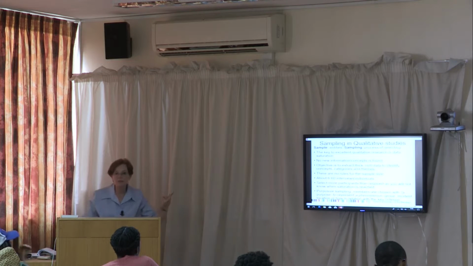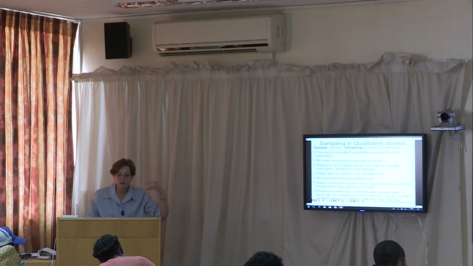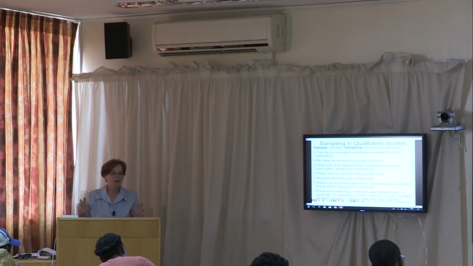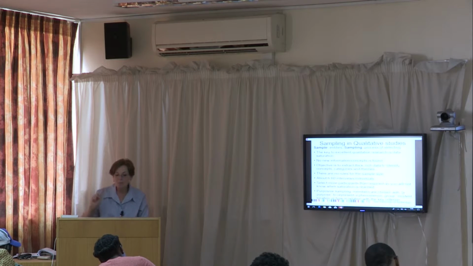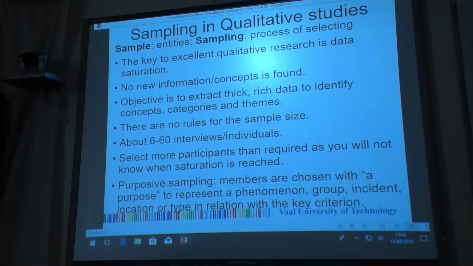It can be the persons, it can be the documents, it can be the artifacts, it can be the questionnaires that people fill in. Blood that you draw is also samples. And sampling is the process of how you select these 10, 20, 40, 50, 500, 2,000 people.